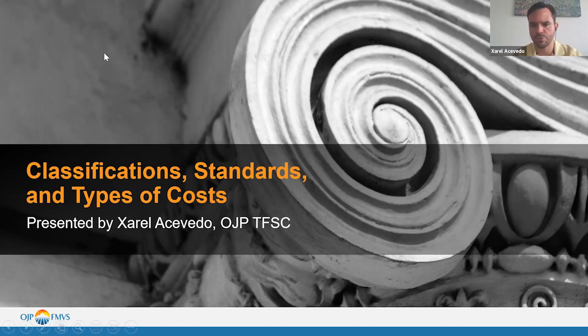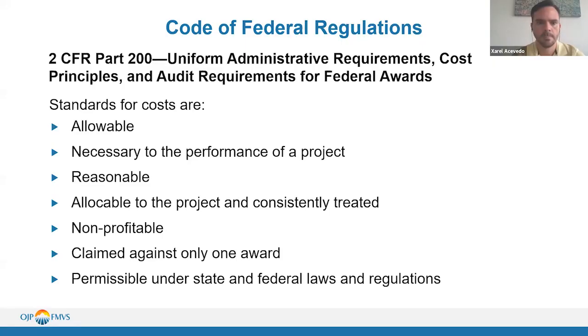All right, so the first part of this session, we're going to talk about classification standards and types of costs. The Code of Federal Regulations establishes that there are standards for costs that you must follow. They are specifically detailed in 2 CFR, Part 200, Uniform Administrative Requirements, Cost Principles, and Audit Requirements for Federal Awards, okay?